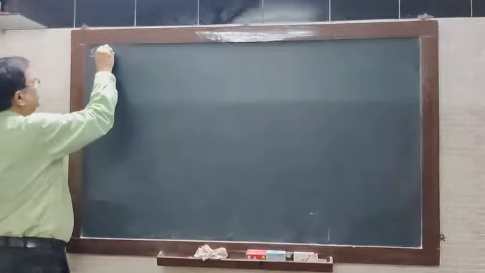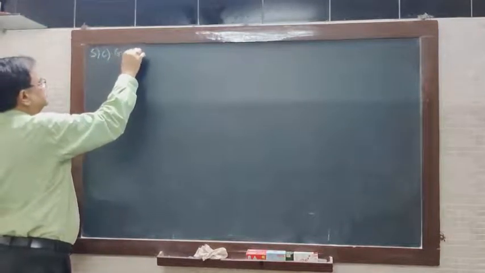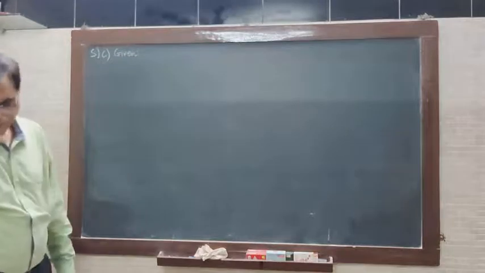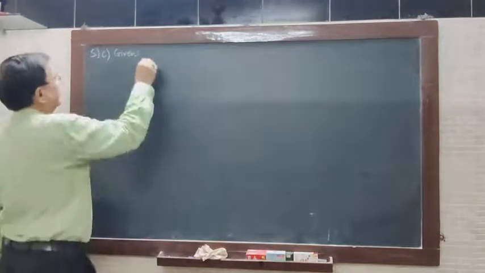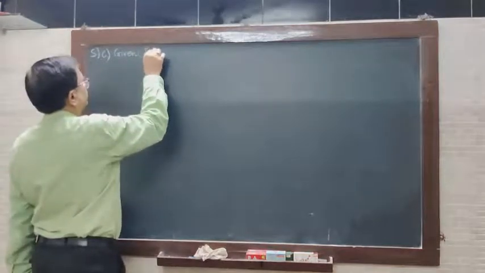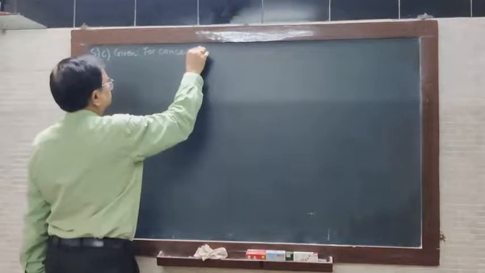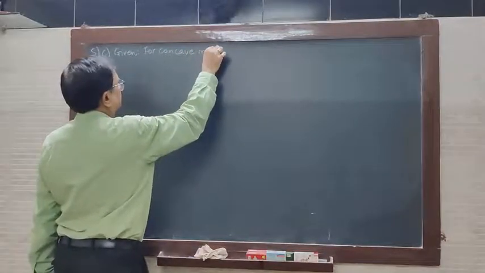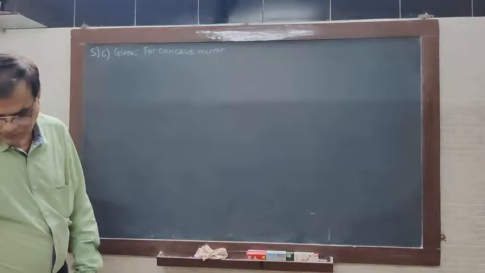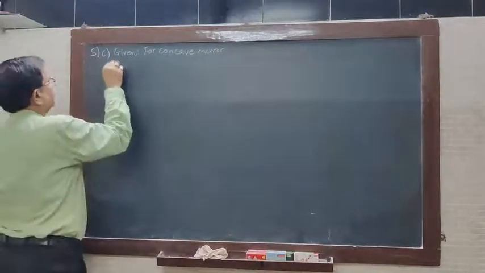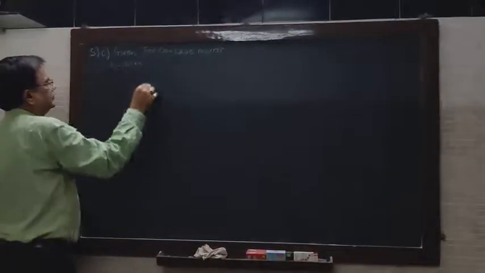Now 5C. A 10 centimeter long stick is kept in front of a concave mirror. So for concave mirror, a 10 centimeter long stick, so height of the object is 10 centimeters.